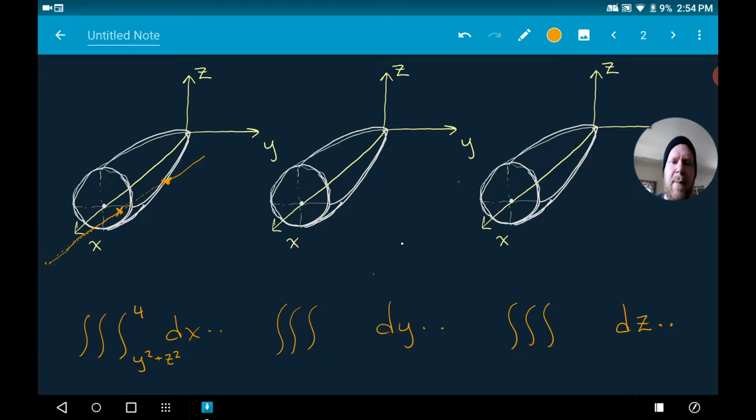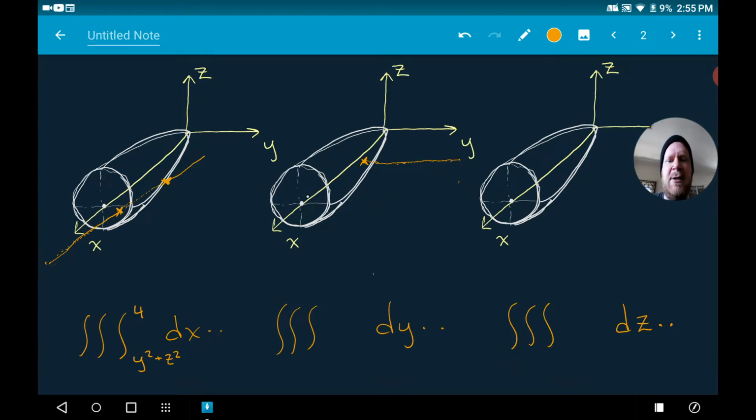Okay, for the next one, if we integrate with respect to y first, so this is the most interior integral, then we can start at positive infinity for y. And as we travel through this solid, the first thing that we hit is the right-hand side of this paraboloid, right?